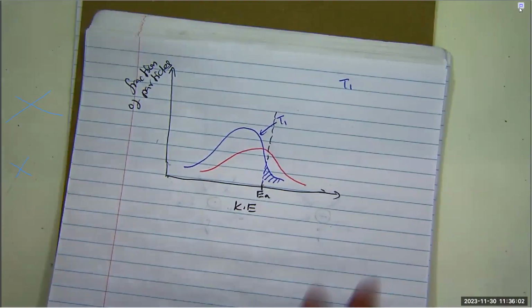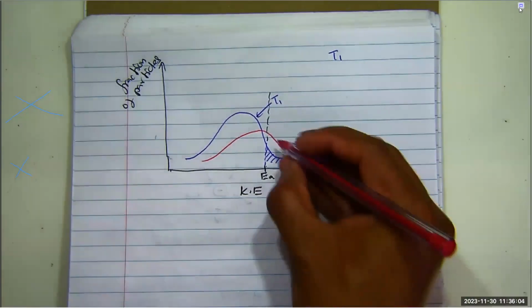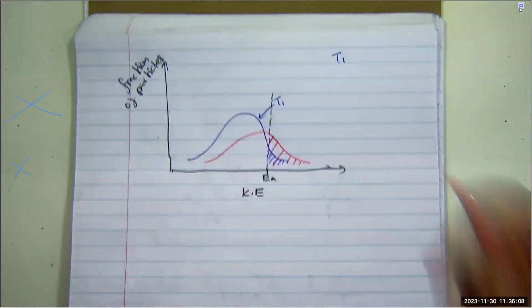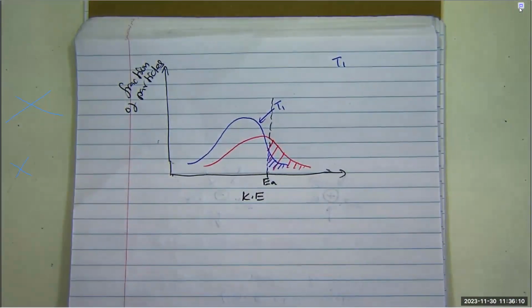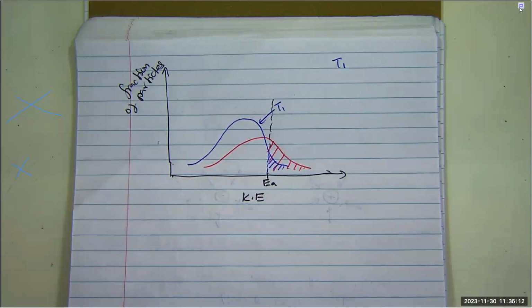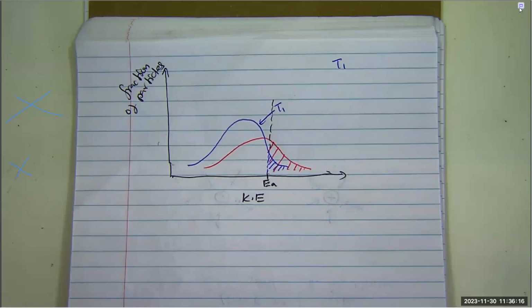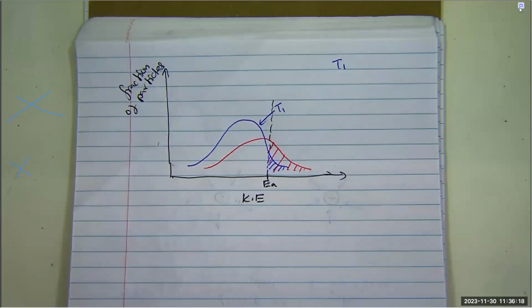Now the fraction of molecules that has an energy greater than the activation energy is this much. You see that an increase in temperature increases the fraction of molecules that have energy greater than the activation energy, making the reaction go faster. That's another reason why an increase in temperature increases the reaction rate: you're going to have more molecules with enough energy.